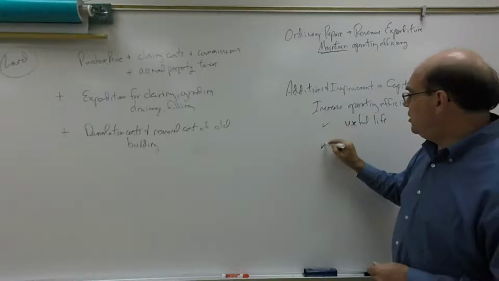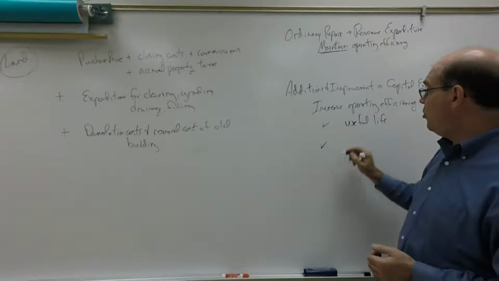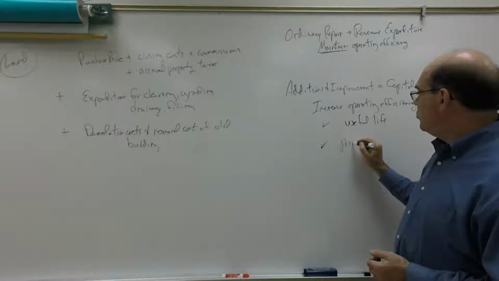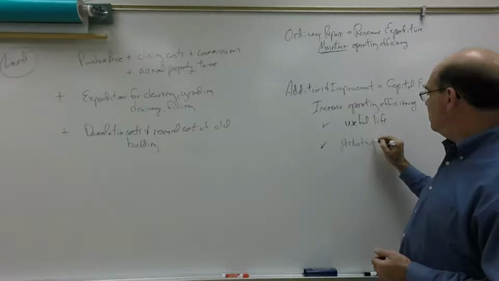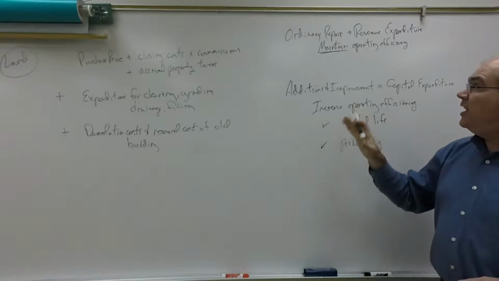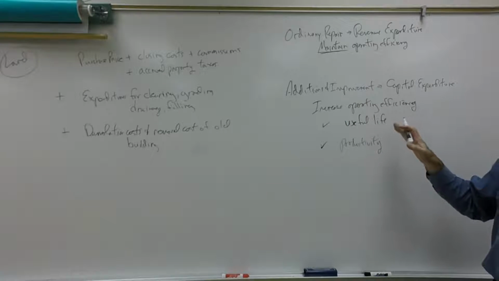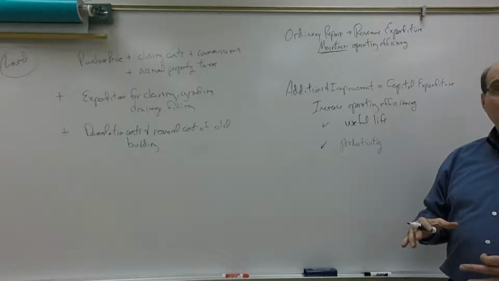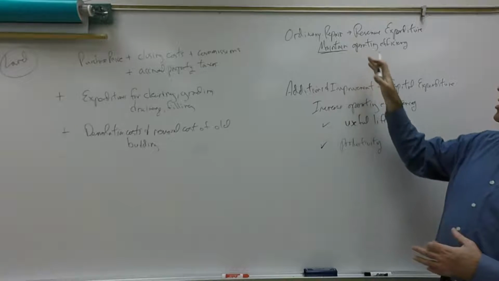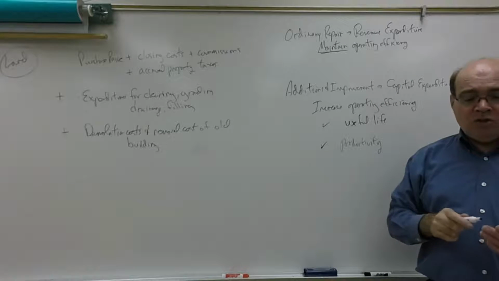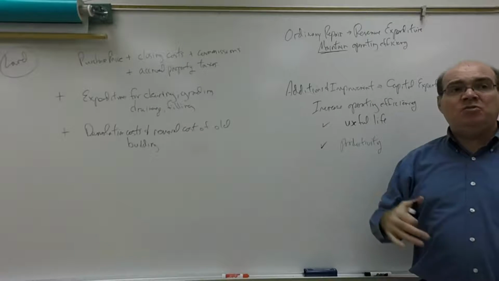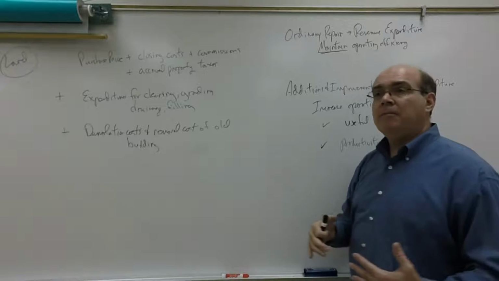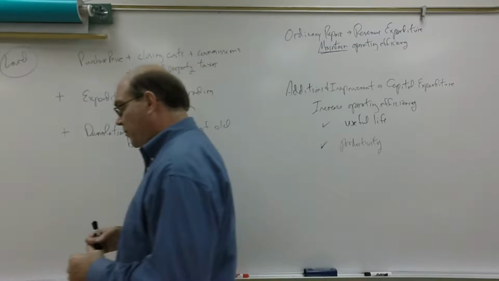Maybe you're going to increase the capacity. It's going to become more productive. So increase productivity. If it's a capital expenditure, this is going to be added into plant assets. If it's an ordinary repair or revenue expenditure, it's going to be expensed as an operating expense when you incur it. So let's give you a couple of examples.